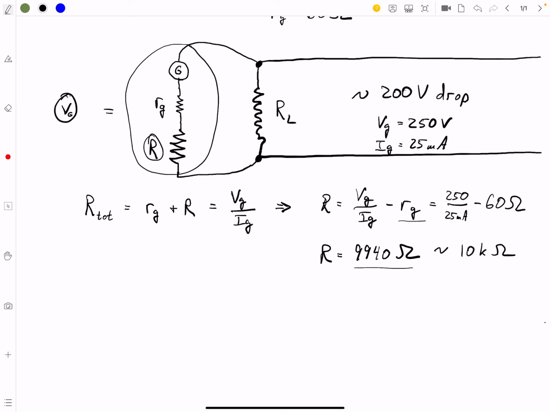What do we do? Well, we're going to insert our ammeter, and the ammeter is going to look like this. It's going to split.